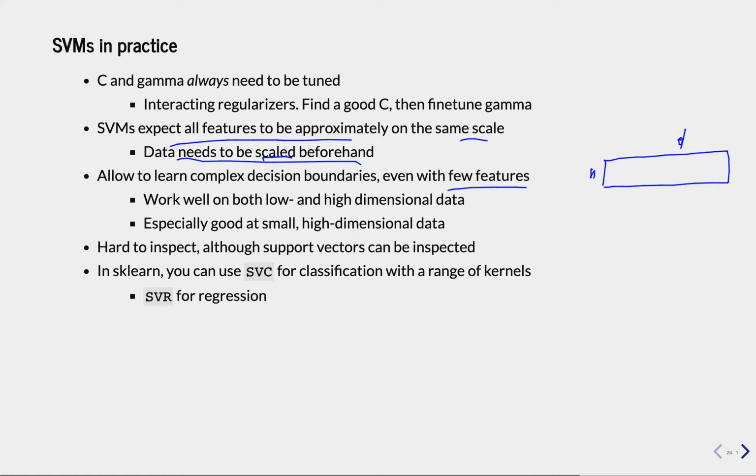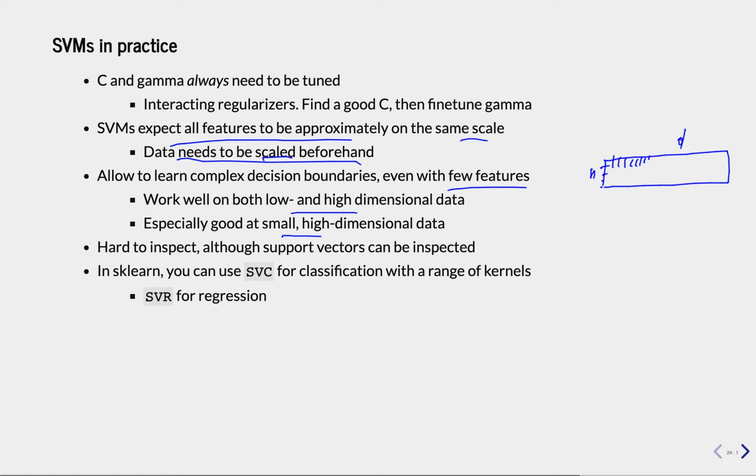SVMs, because they use kernelization, work pretty effectively in this case. If you have patient data, with a lot of information about patients, but you only have a few patients in your data set, SVMs are a very good method to use. So they work well on both high-dimensional and low-dimensional data sets, but they are especially good at these small high-dimensional data sets.